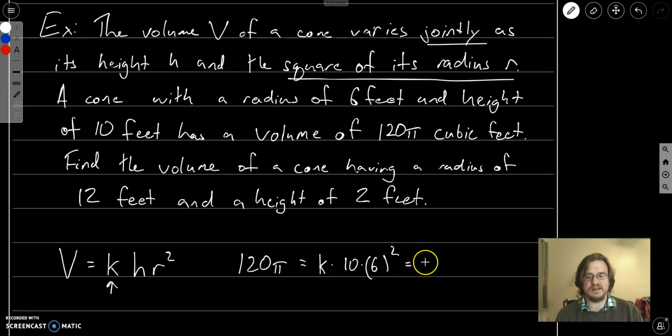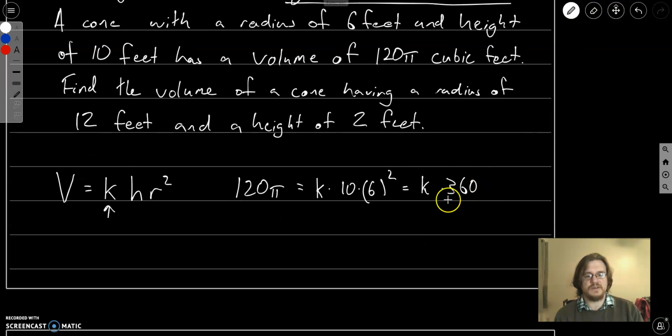Simplifying this, K will be equal to 6 times 6 is 36, times 10 is 360. So if I divide both sides by 360, we'll get that K is going to be pi divided by 3 after I cancel out 120 on the top and bottom.